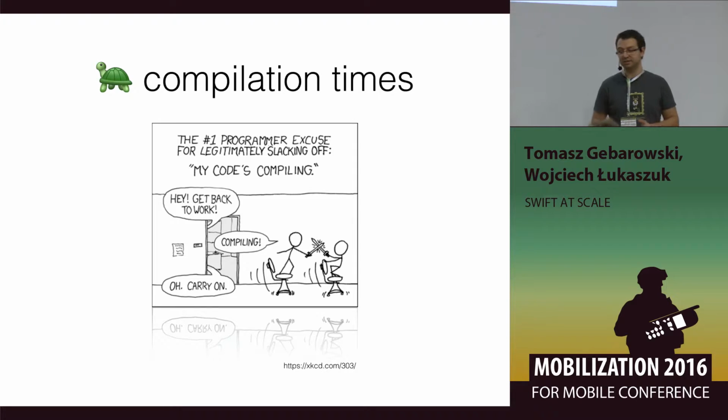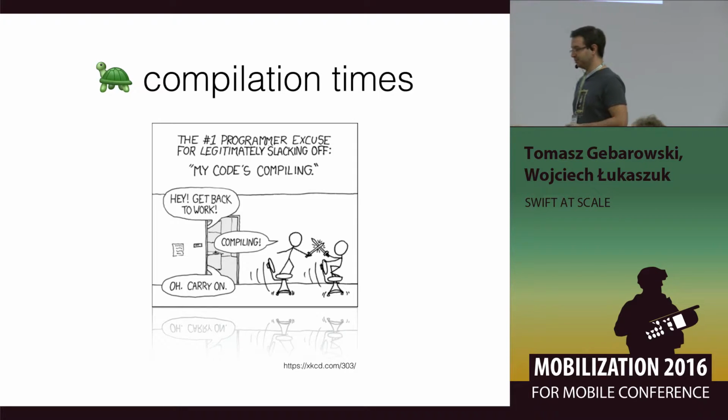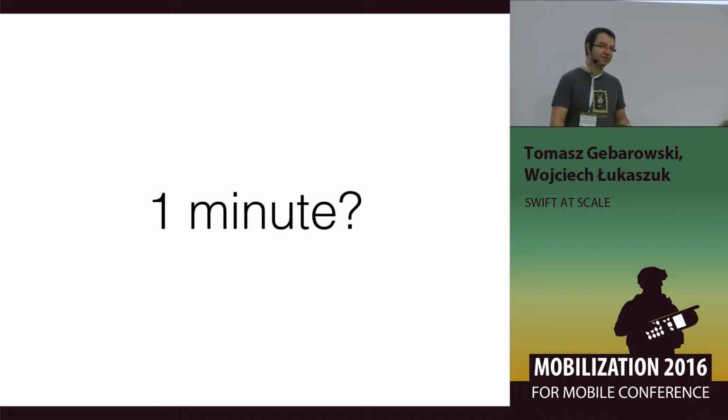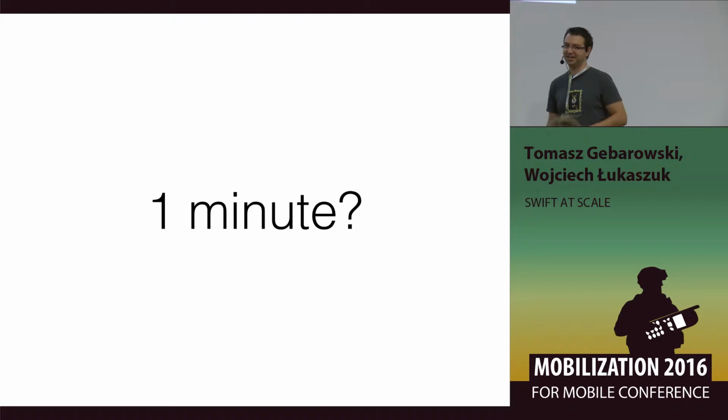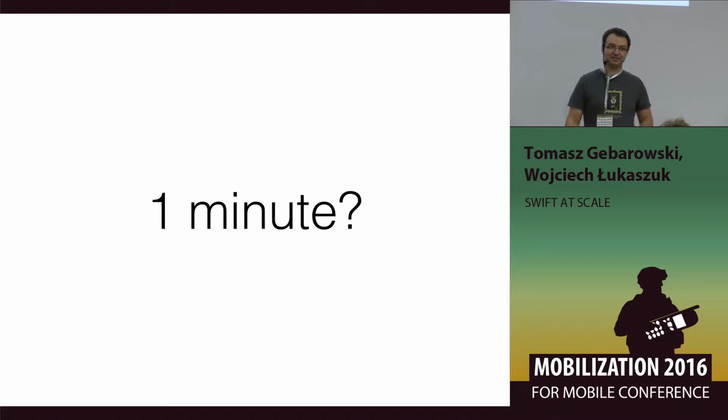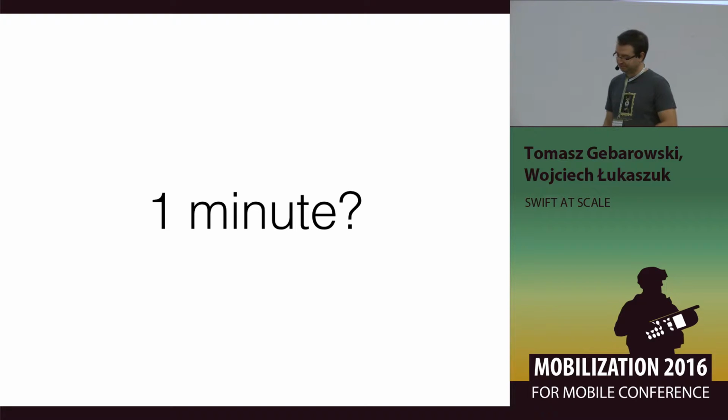And with Swift, it was a bit hard, because the compilation times were something that was scaring us. For some people who are working with scripting languages, 1 minute of compilation time, well, it's not compiling, but 1 minute of interpretation time is something that they can't accept. For us, it would be perfect if we had 1 minute compilation time.